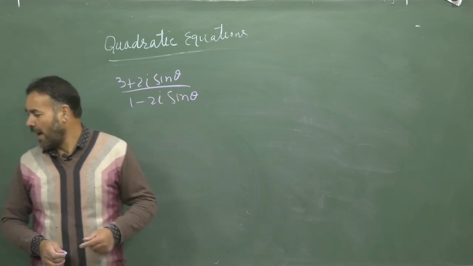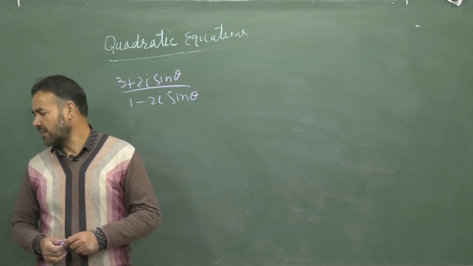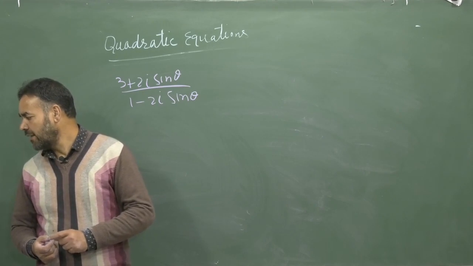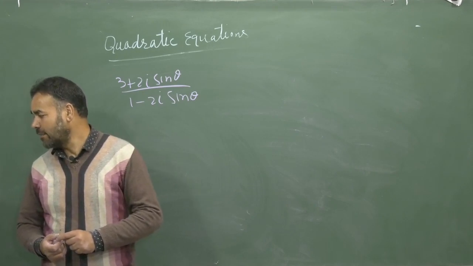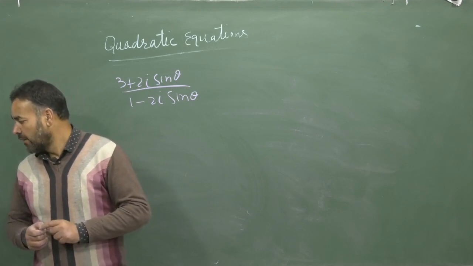So we have to find real theta such that this is purely real. This means that there should be no sign of iota.